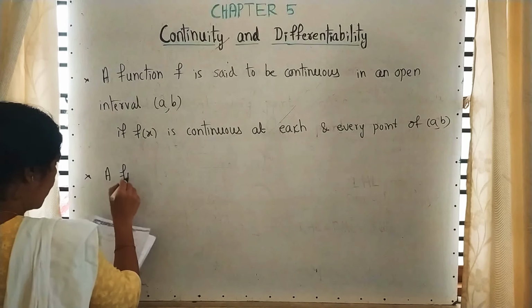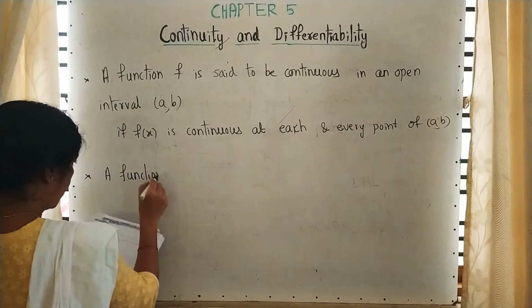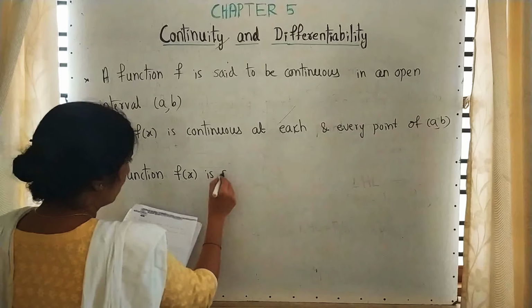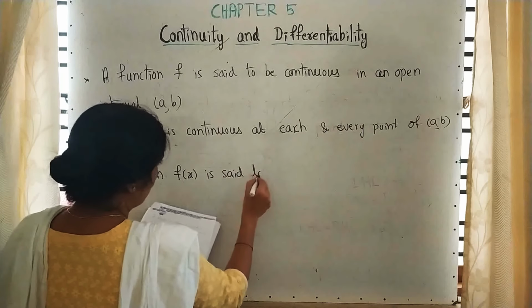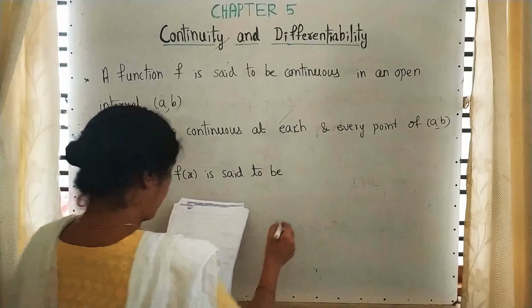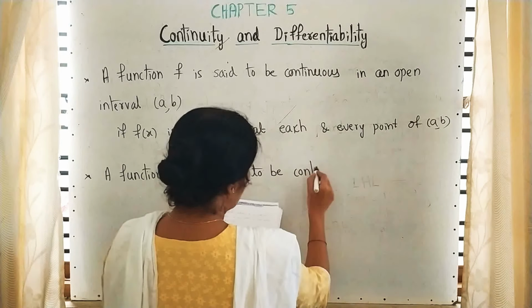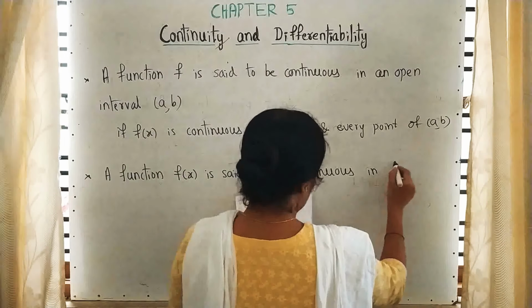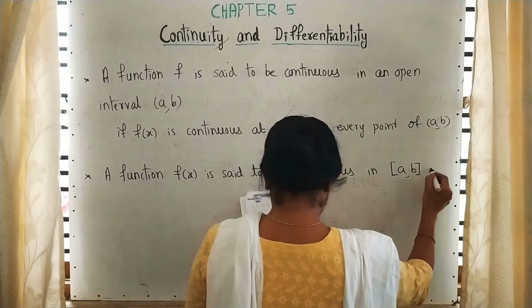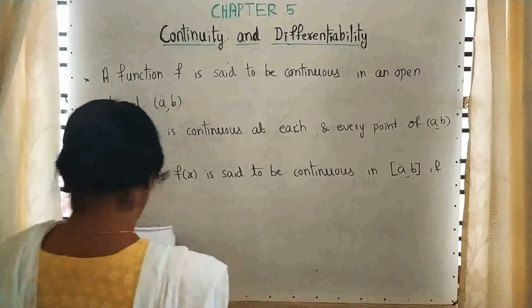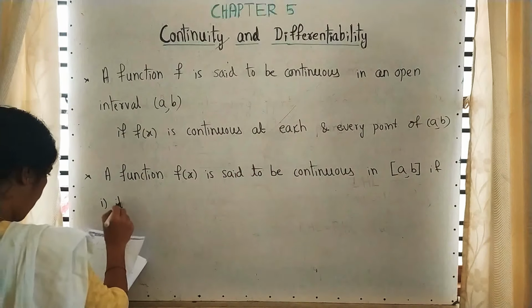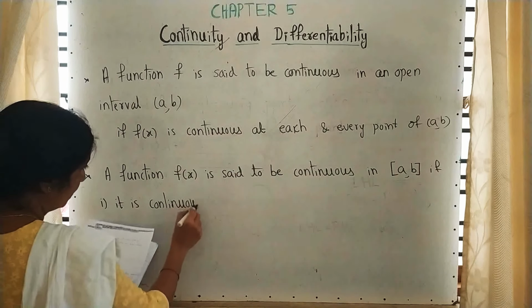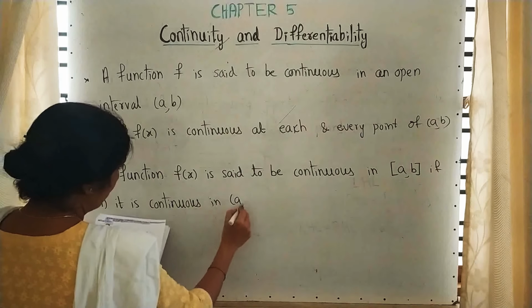A function f of x is said to be continuous in closed interval a comma b if, first point, it is continuous in open interval a comma b.